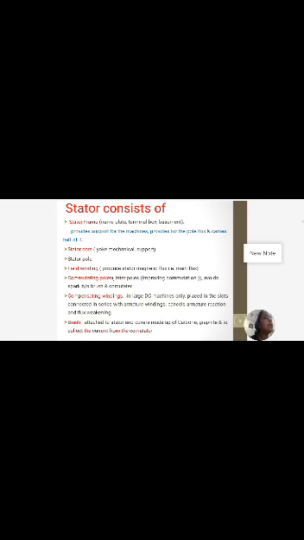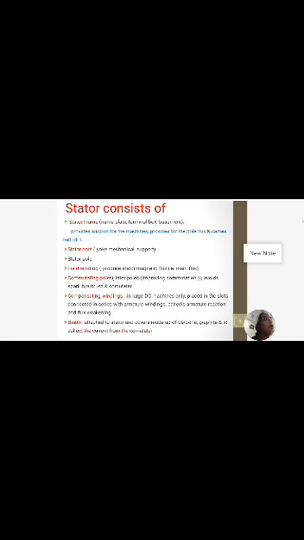And next, coming to the second part, armature winding, the function is generation of EMF in the armature winding in case of generators, and to carry the current supplied in case of DC motors, and to do the useful work in the external circuit. And next, coming to the choice of material, these armature windings carry the entire current, so generally they should be made up of a conducting material like copper.